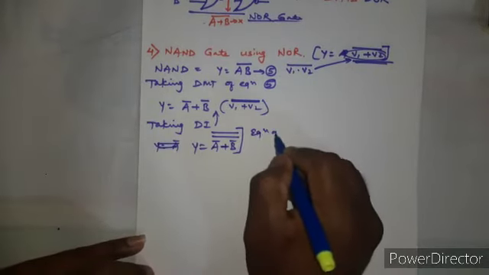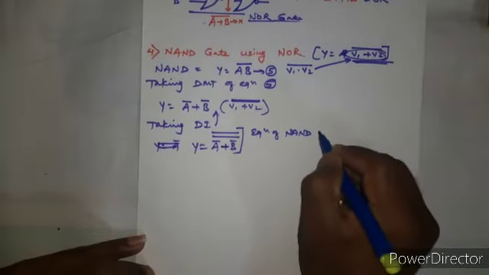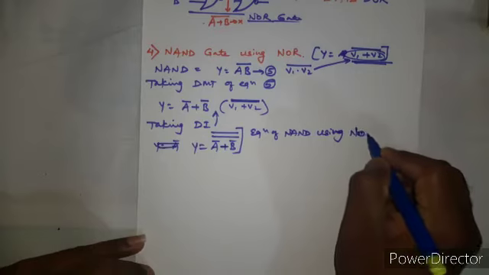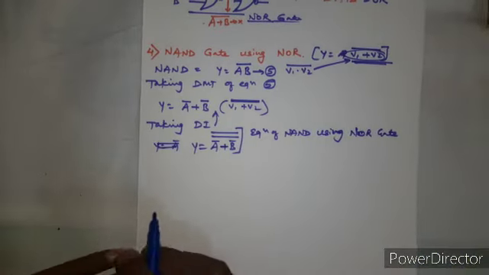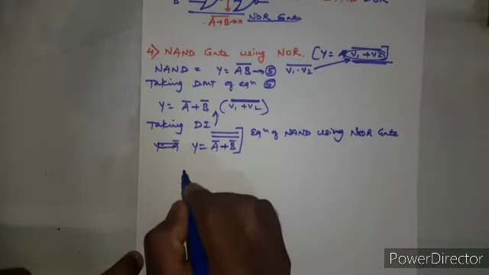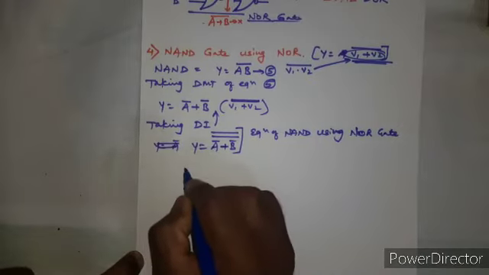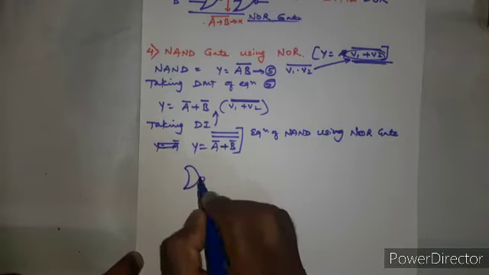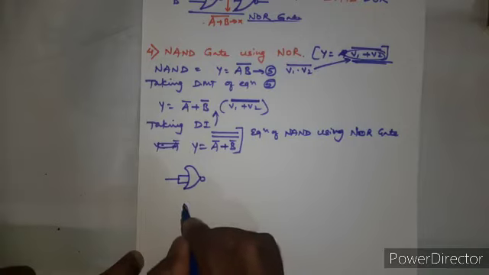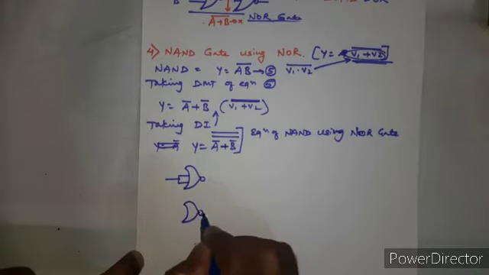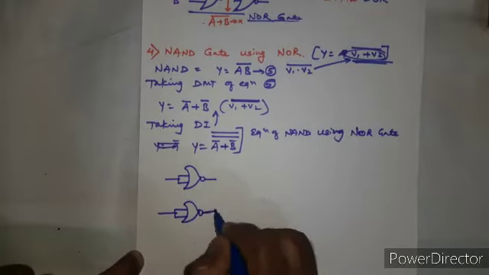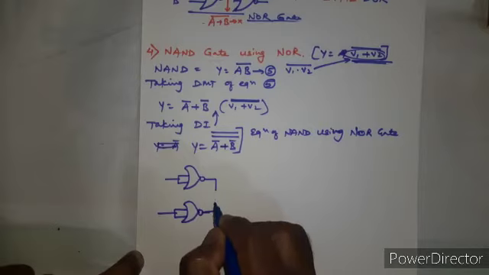So this is the equation of NAND using NOR gate. Now how can we implement this? It's quite easy. So I have this a bar, then I have this b bar, both are NOR.